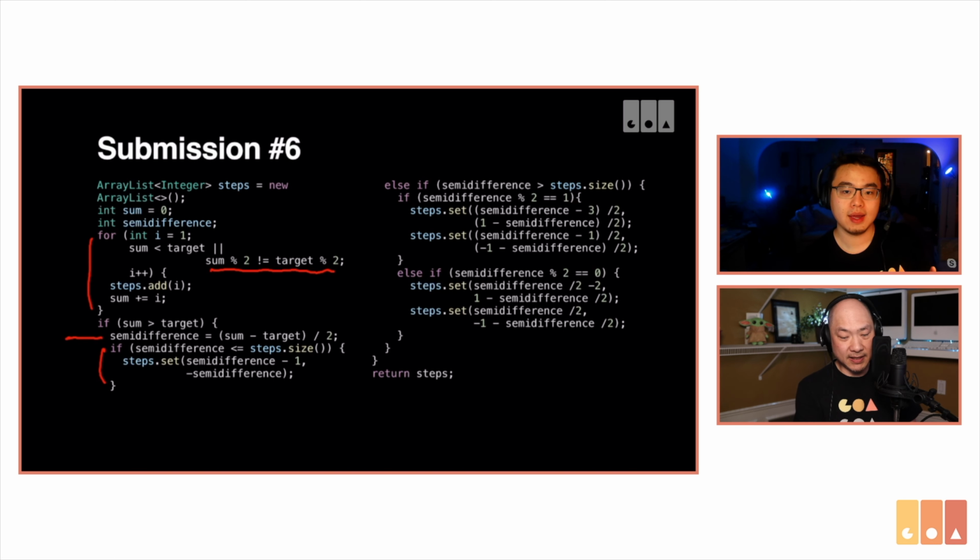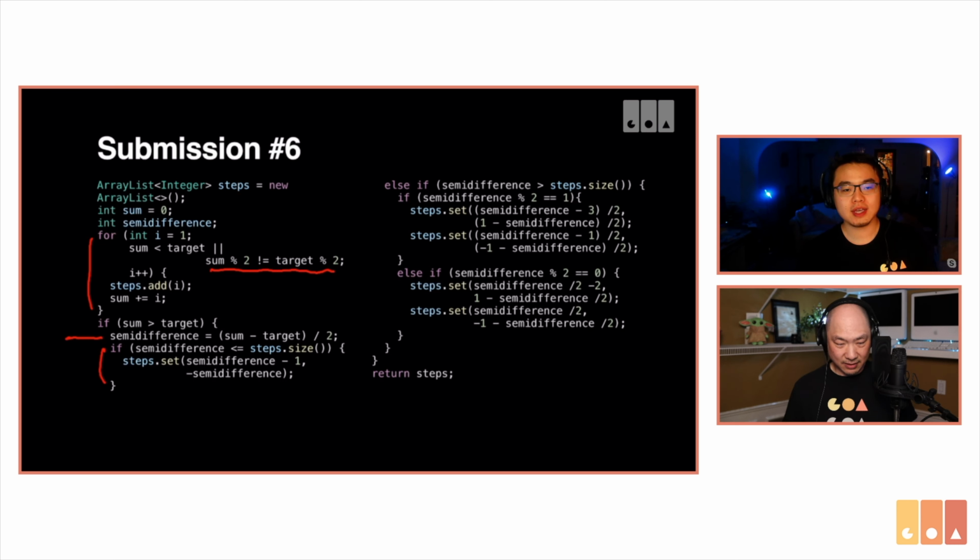So here, the semi-difference: sum minus target is already even, so we know we can divide it by 2 with no remainder. And so then we can immediately find the step to flip.